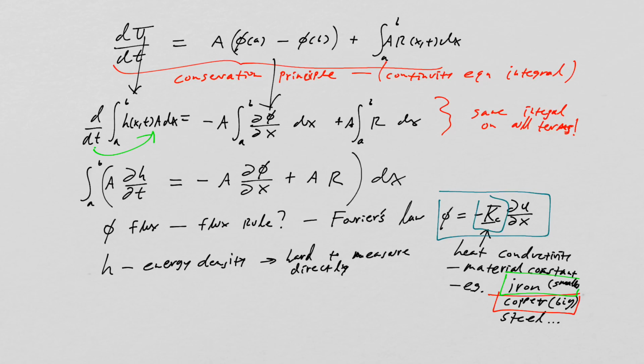It could come from how the molecules are arranged, whether they're in liquid or solid form, the phase of the material. Energy could be stored in kinetic energy. Maybe this rod is hurtling across space at a very high velocity. All of those are different types of energy. So energy density is a bit weird, but we're talking about, of course, thermal energy.